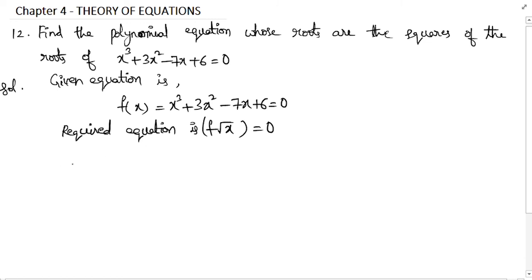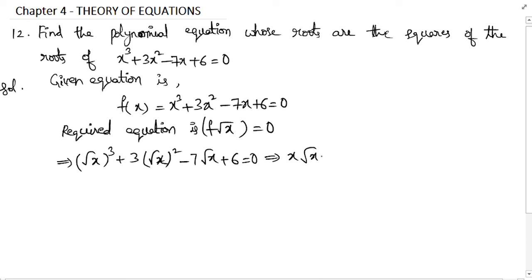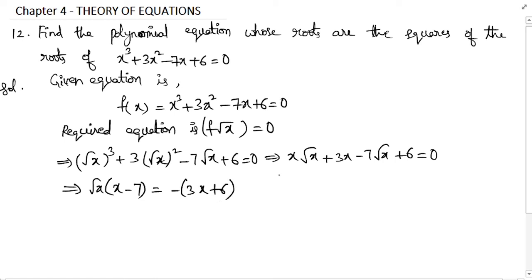So that means (root x) whole cube plus 3 (root x) whole square minus 7 root x plus 6 is equal to 0, which implies that x root x plus 3x minus 7 root x plus 6 is equal to 0, which implies that root x of (x minus 7) is equal to minus of (3x plus 6).